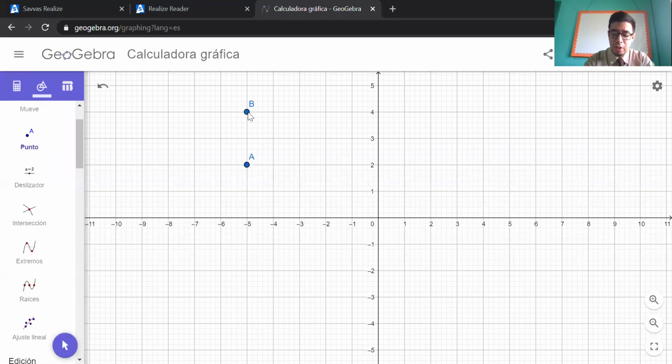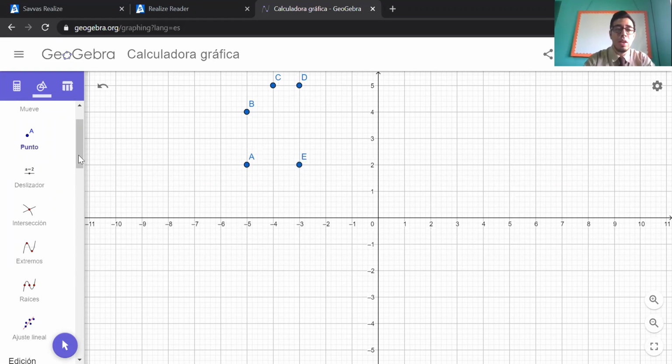Later, the other point that I need to place is C. C is located at -4 and 5 for y. The other point, D, is at -3 for x and 5 for y, so the same vertical distance. And the last point, E, is at -3 and 2 for y.